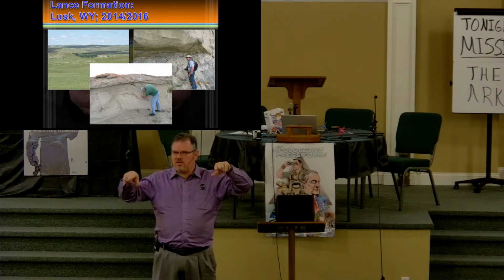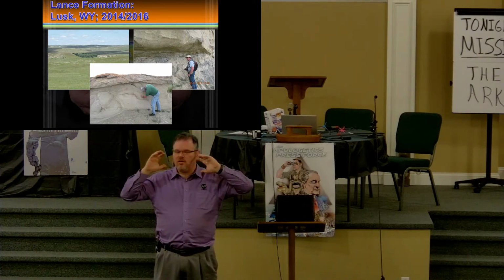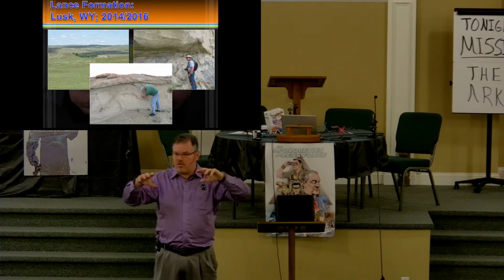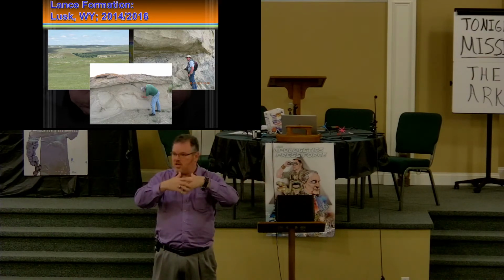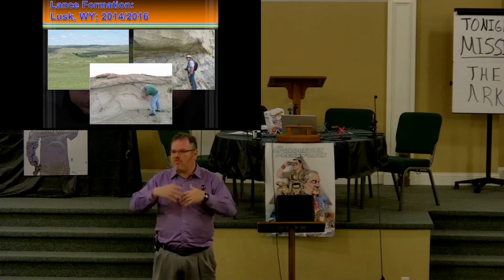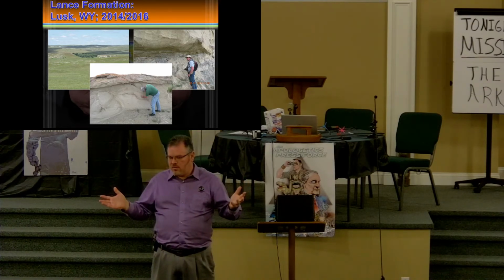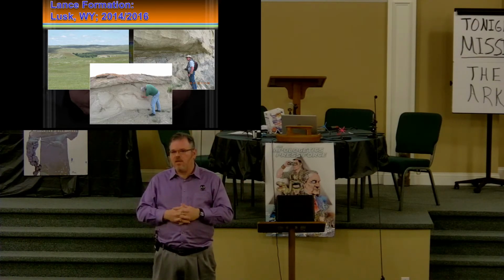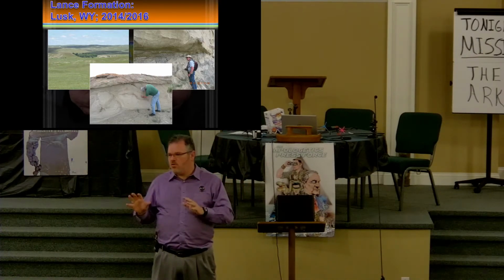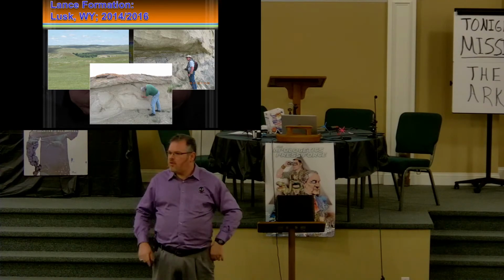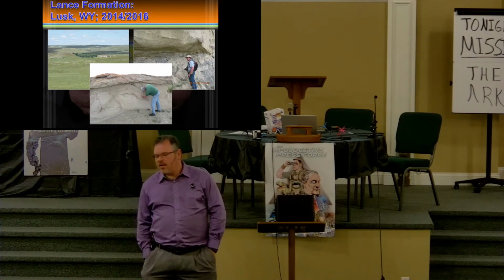So it would mean that the ark would have had to have been totally covered with not ice, but sediment. Like it was hit by sediment in the Cenozoic period, so after the flood, which would have obliterated the remains of the ark. So the bulk of the creation scientists are not taking time to go look for it. But there are still a few guys that are still hopeful that they'll find it.